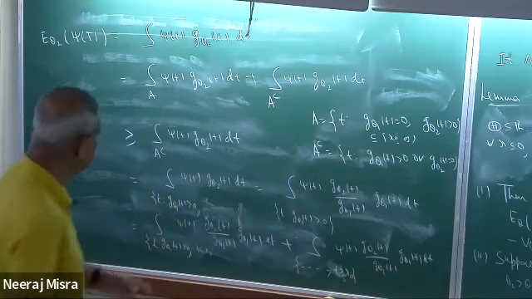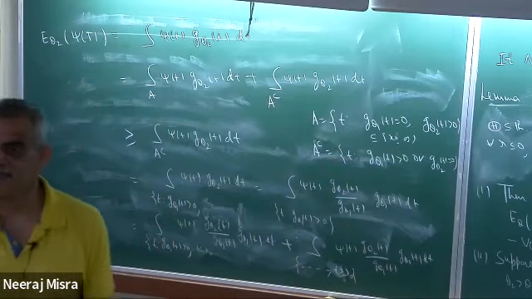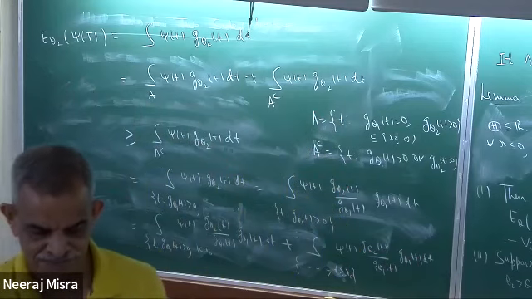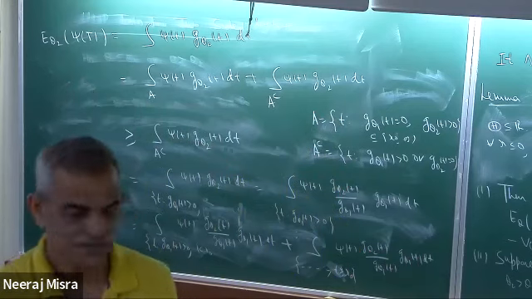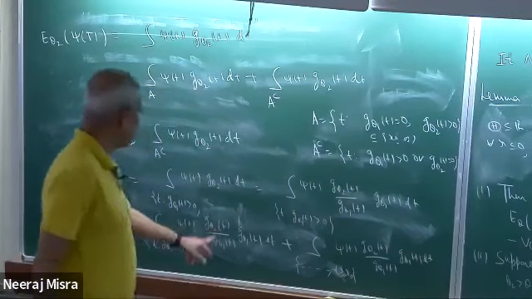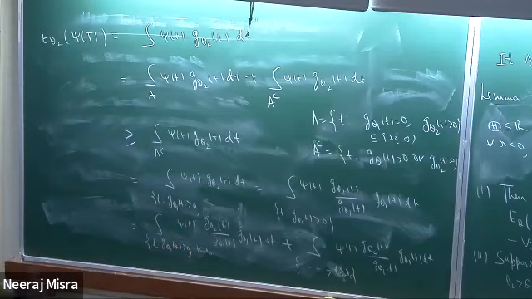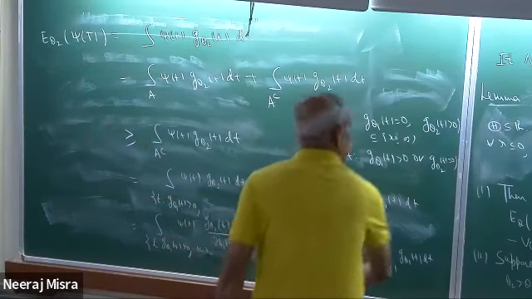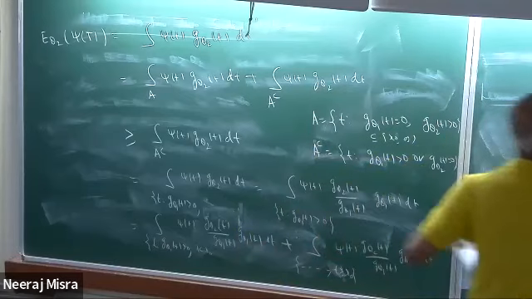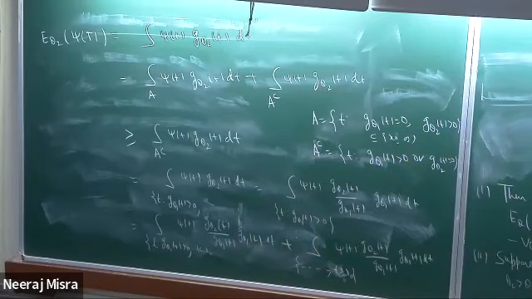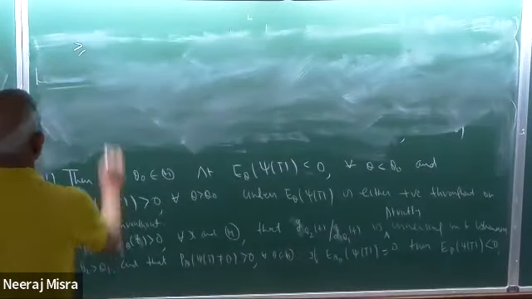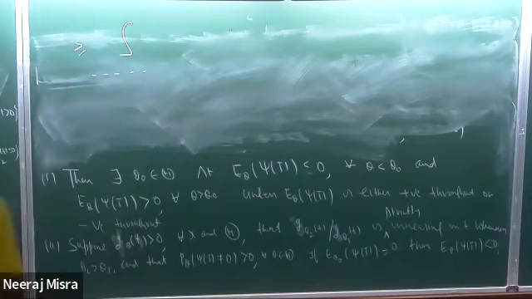What can you say about this? In this case, psi t is less than or equal to 0. And g theta 2 t upon g theta 1 t would be less than or equal to c. Right? So this would always be greater than or equal to c times psi t g theta 1 t dt.